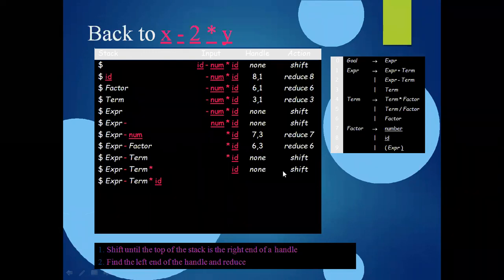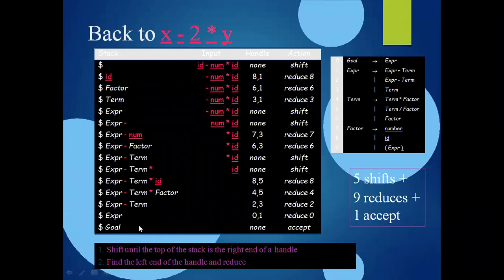Now by performing the actions, we are reducing from the stack. See how. F tends to id is the 8th production, right? So just replace id with factor, and reduce this 8 by 4.